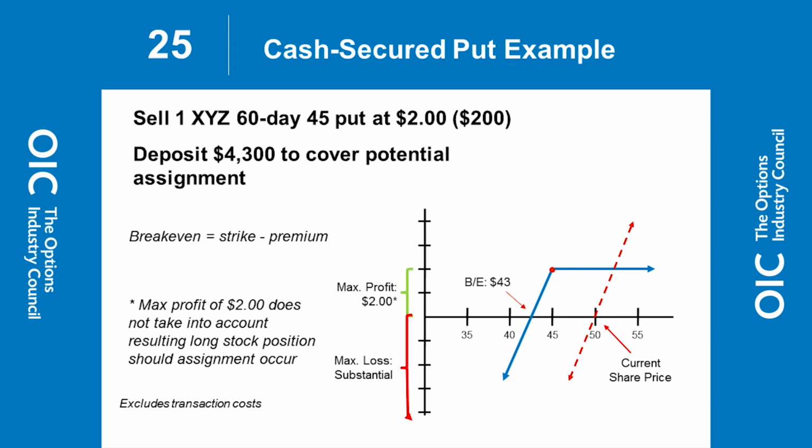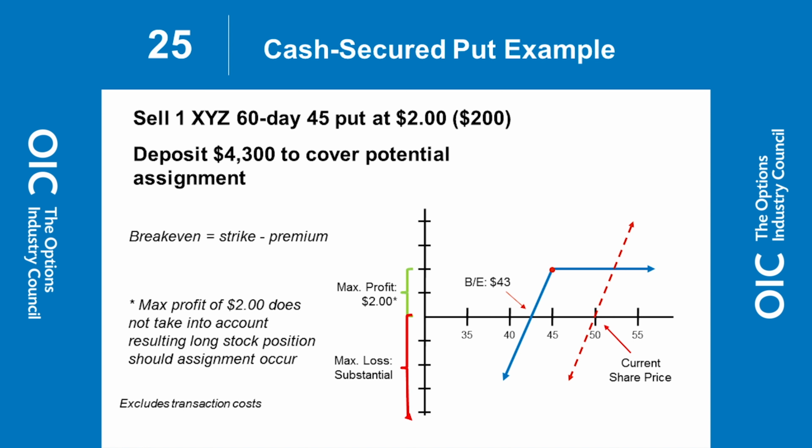So let me just go over that again, try to make it a little bit more clear. If the shares stay high, say at $50, our option is going to expire worthless. When we sell the put, we are accepting the obligation to buy shares. Nobody's going to want us to buy shares for $45 if they're trading at $50 in the market.